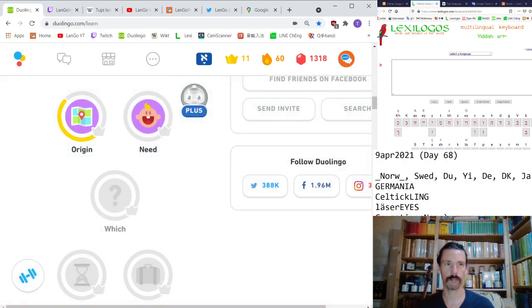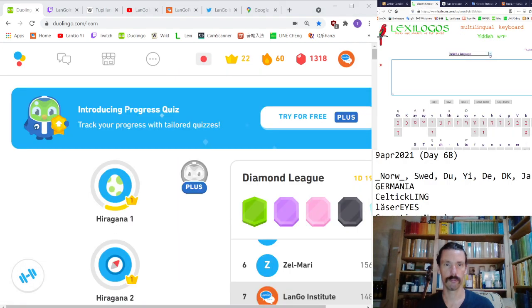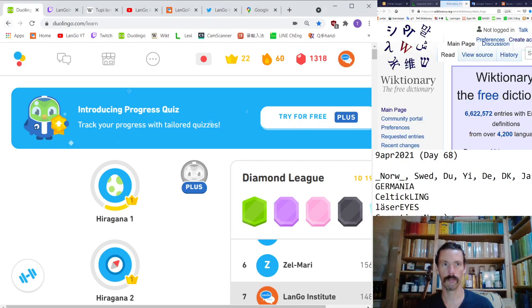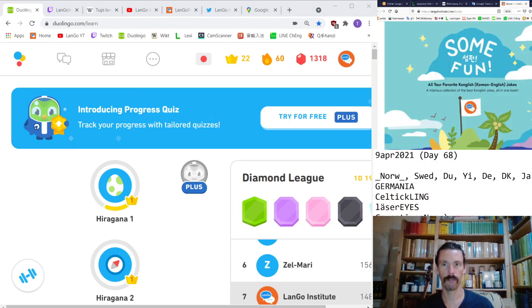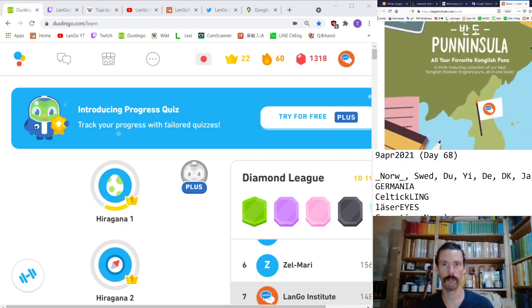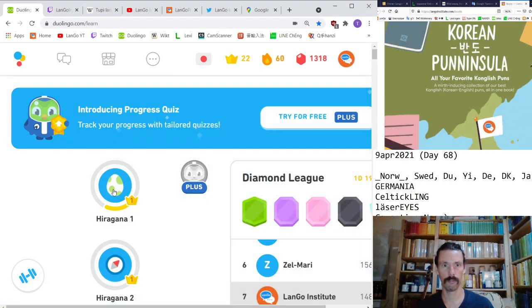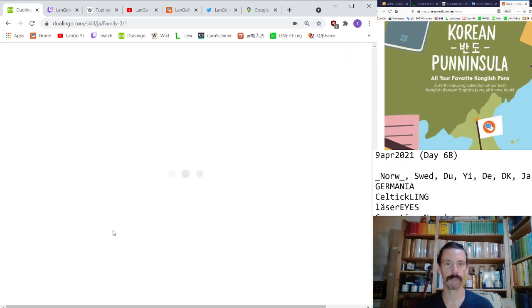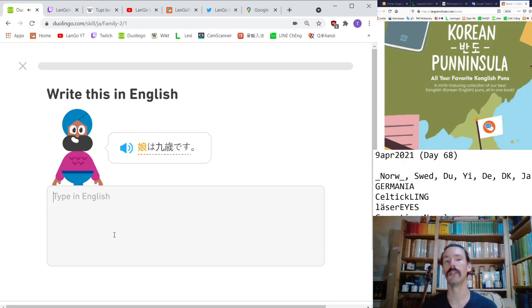Family 2. 娘は9歳です。 The daughter is 9 years old.